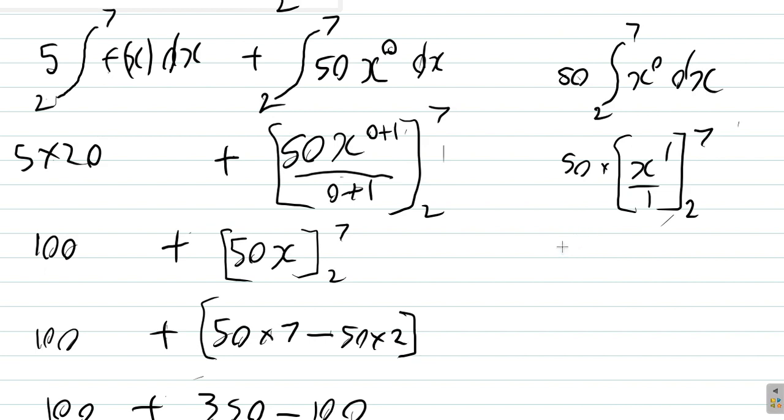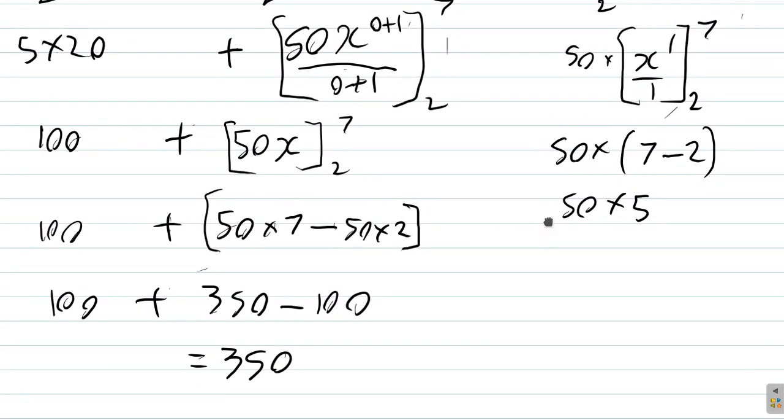And then it's 50 times x in one case. The upper boundary is 7 minus the lower boundary 2. So 50 times 7 minus 2, which is 5.